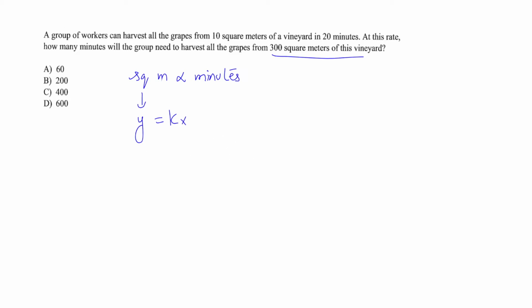So you can also write it like this. So if 10 square meters basically represent 20 minutes, we have, let's say, square meters here and we have minutes here. Then how much time will it take to harvest 300 square meters? 300 square meters represent x. So you can write it like this and then cross multiply. What do you get? You will get 10x equals 300 into 20.